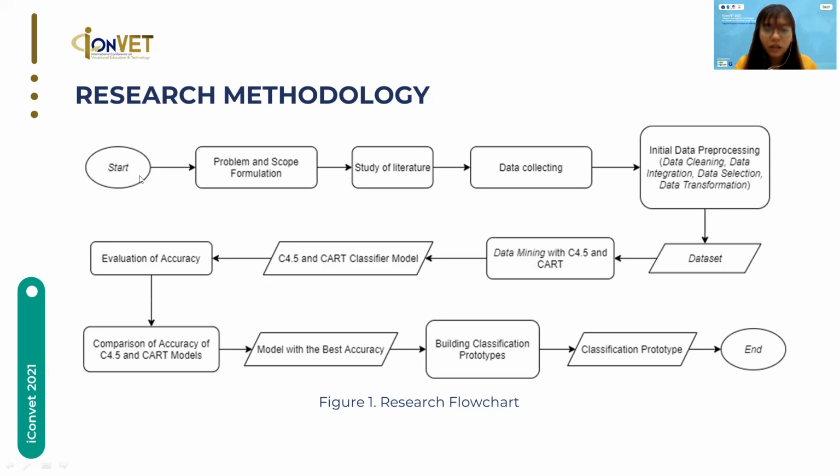In each model, an evaluation and analysis of the classification results will be carried out. The aim is to find out which model has the highest level of accuracy. And the last stage is to build a prototype of job classification using the algorithm model that has the best level of accuracy.